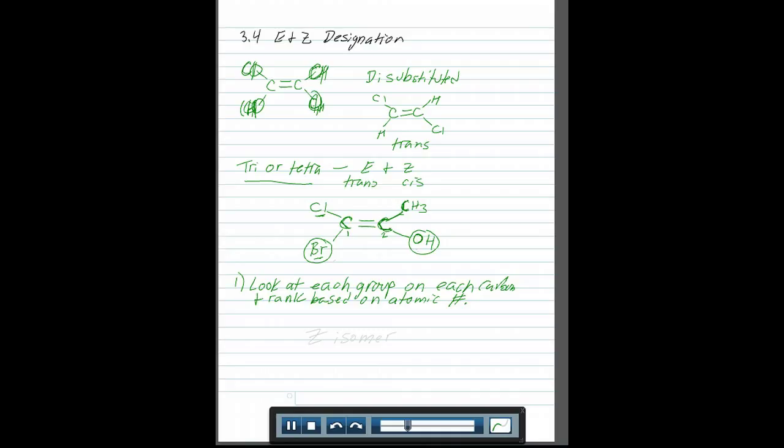Now you determine, are the 2 groups on the same side or on opposite sides? Well, these 2 groups are on the same side. Therefore, this is the Z isomer. So it's based on atomic number. Don't do it on mass. I know it maybe looks like it's based on mass, but it's not. It's based on whichever one has a higher atomic number.